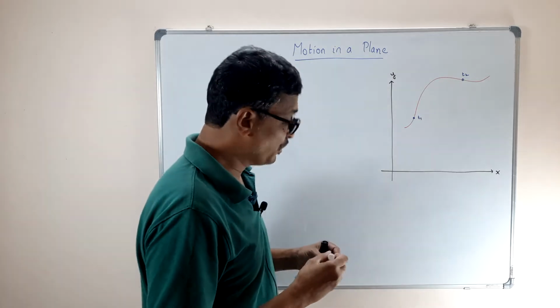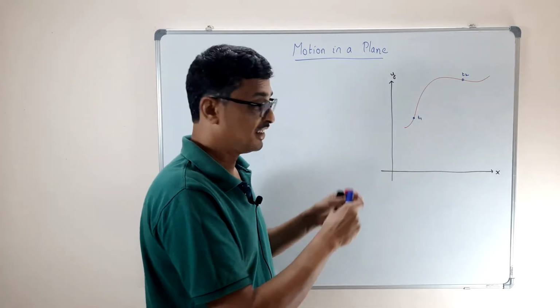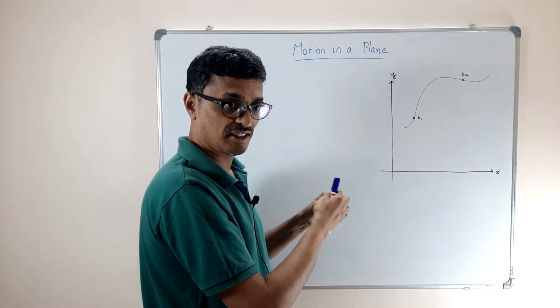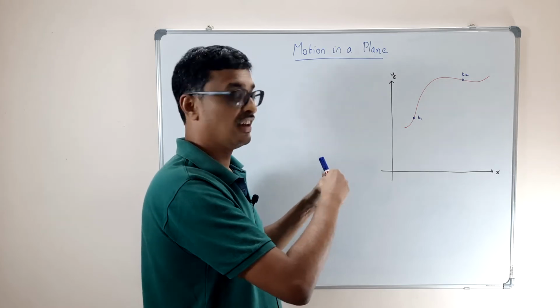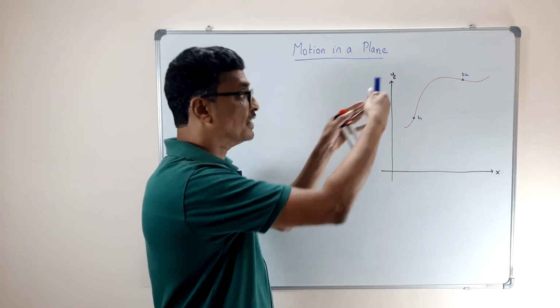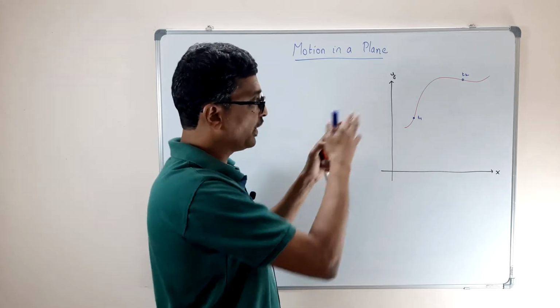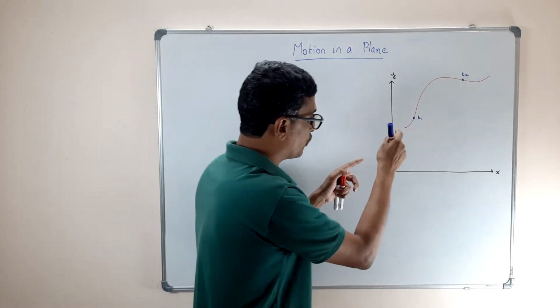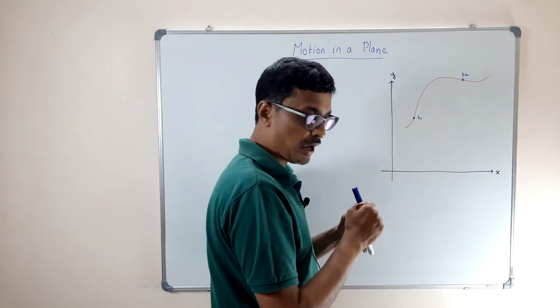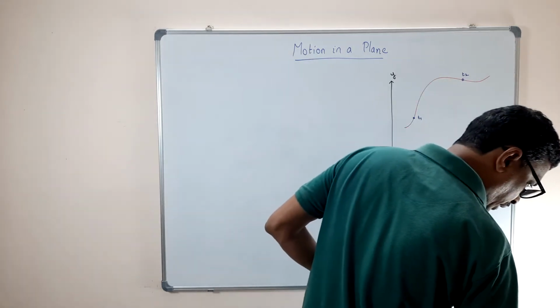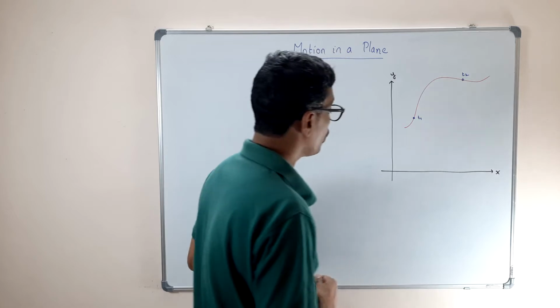Now we have to define the average velocity, instantaneous velocity, average acceleration, instantaneous acceleration. All those things we have to define for the motion in a plane. So how are we going to do that?